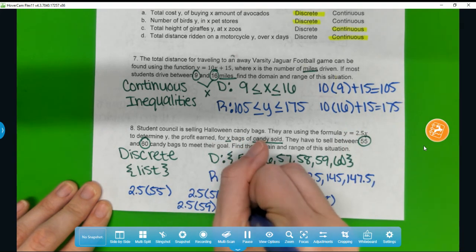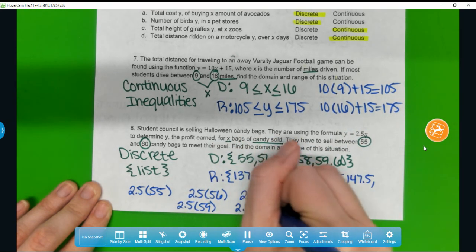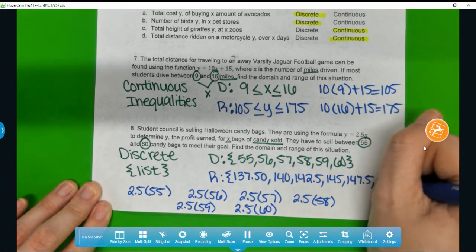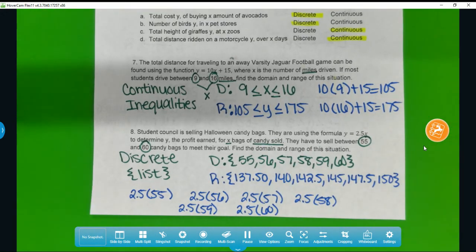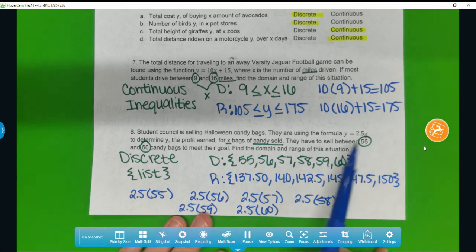And then 2.5 times 60, which is 150. You can also just add 2.5 each time because that's what's happening.